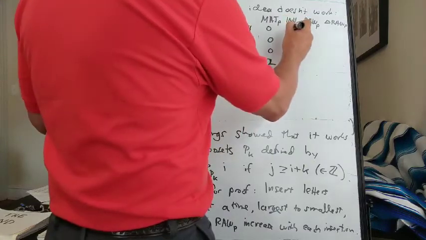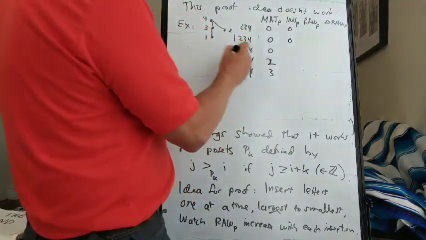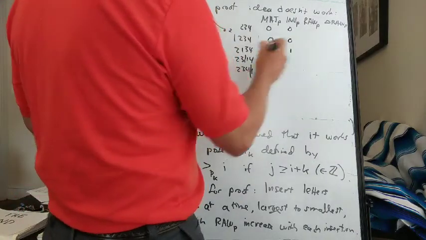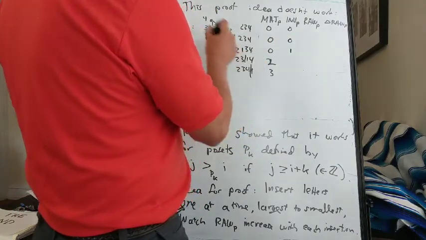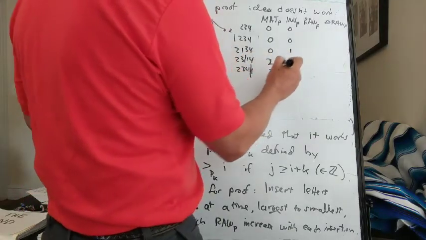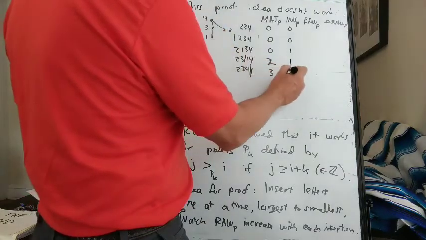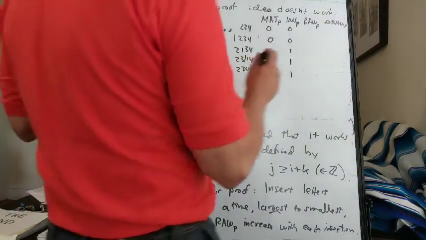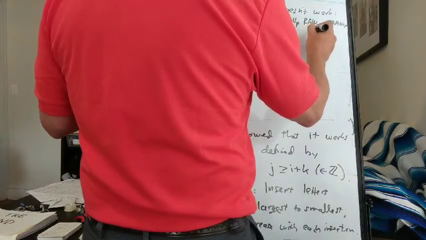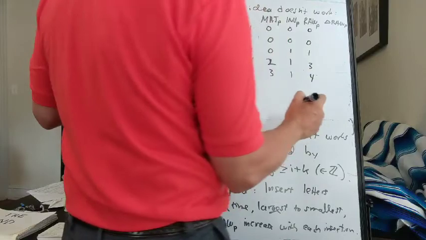No inversions here. No inversions there. 2, 1 counts as an inversion because 2 and 1 are incomparable. 3, 1 doesn't because 3 is greater than 1 in the poset. So 1 inversion. 2 counts as an inversion, but not 3, 1, not 4, 1. So the Rawlings statistic is 0, 1, 3, and 4.